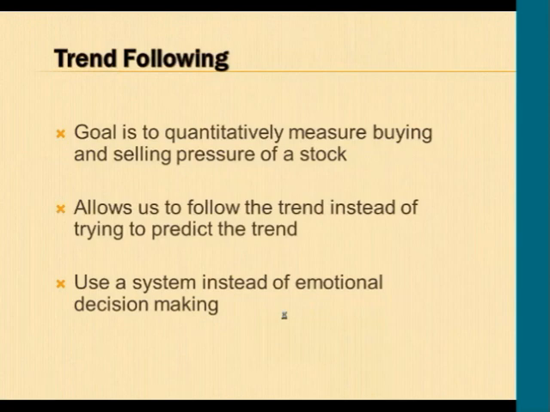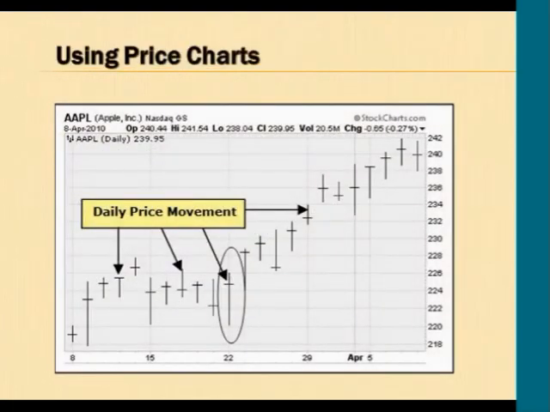And you're using a system instead of emotional decision making. So I've been using these trend following systems for many years, and I think it's the best overall approach for the average investor to try to make money in the markets, is to simply use a trend following system.